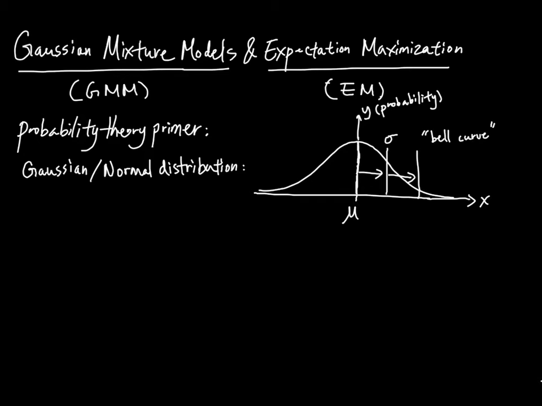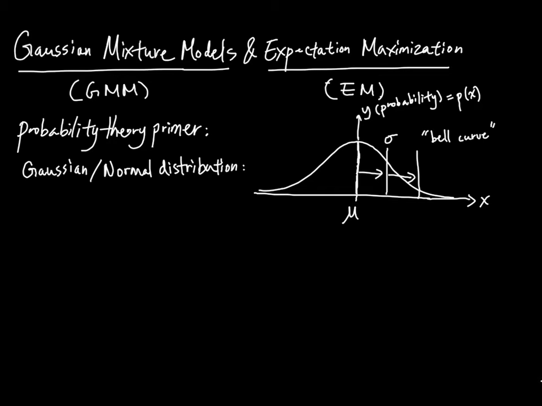It's like when you get your test scores back and you're at the average of your class. More people are in the average than on the sides, like the ones who break the curve or get zeros on the test. So here we can say that y is the probability, and thus it's also equal to p of x.